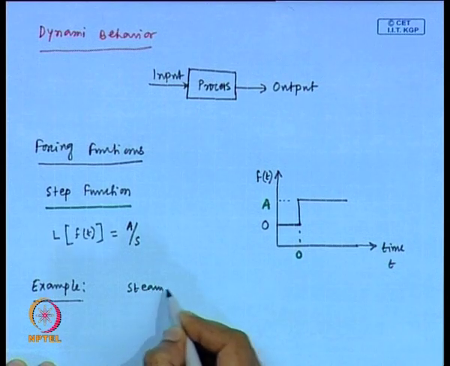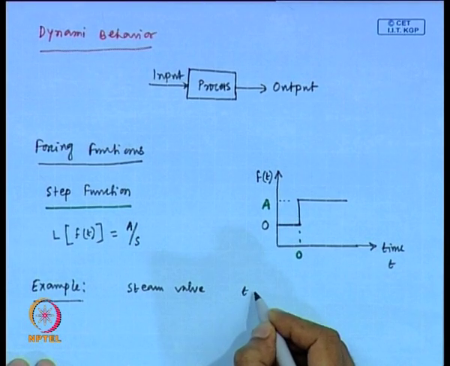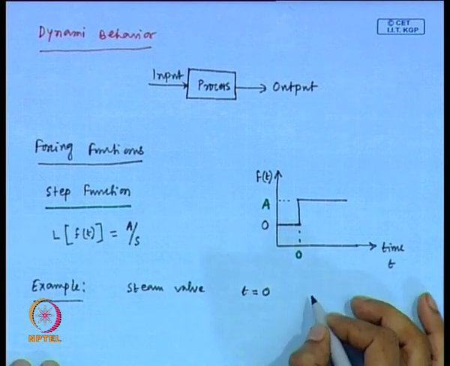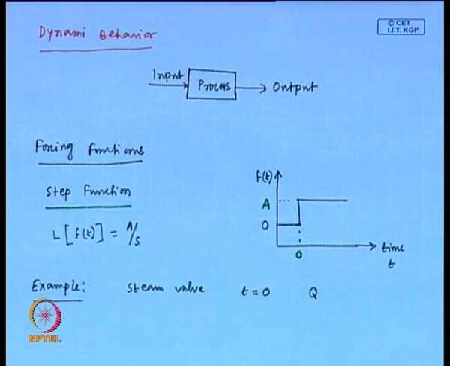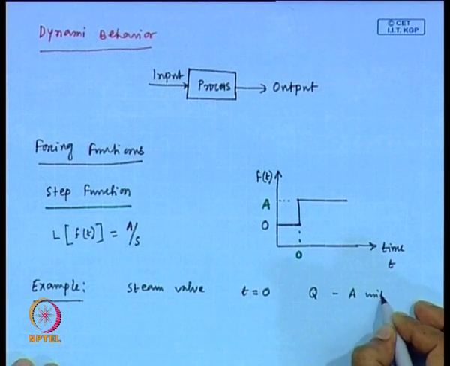Now, open the steam valve at t equals to 0, such that Q changes by A units.